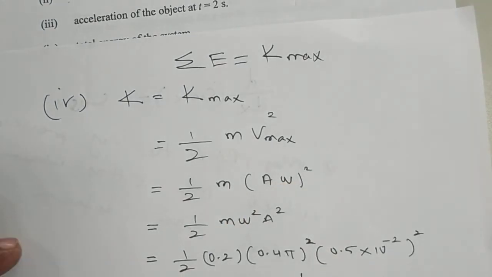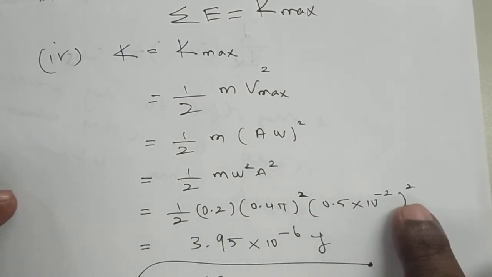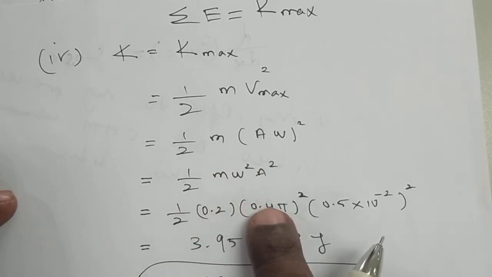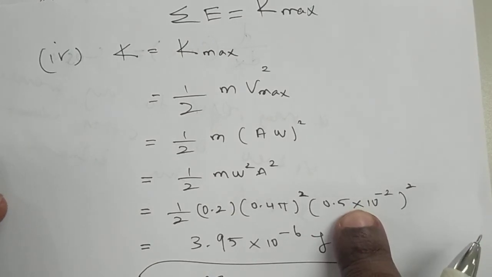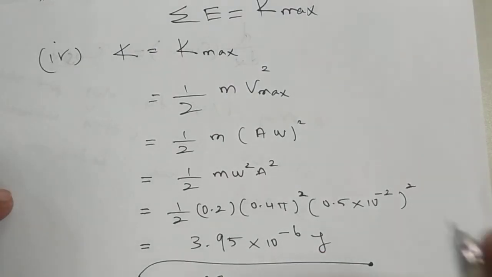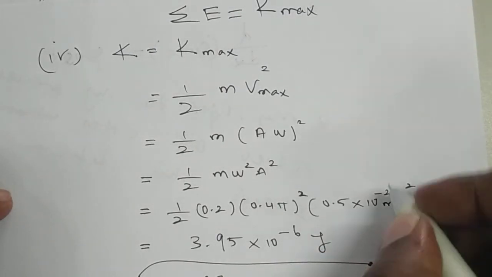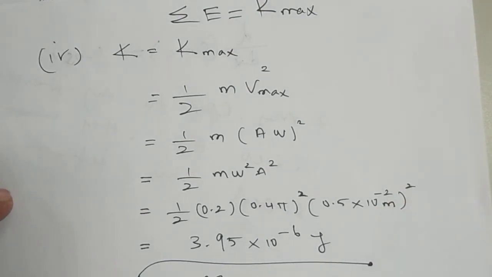So by substituting all the values accordingly, m, omega, and the amplitude in meter, you can get the final answer in joule. So this must convert to meter. So the final answer is 3.95 times 10 to the power of negative 6 joule.